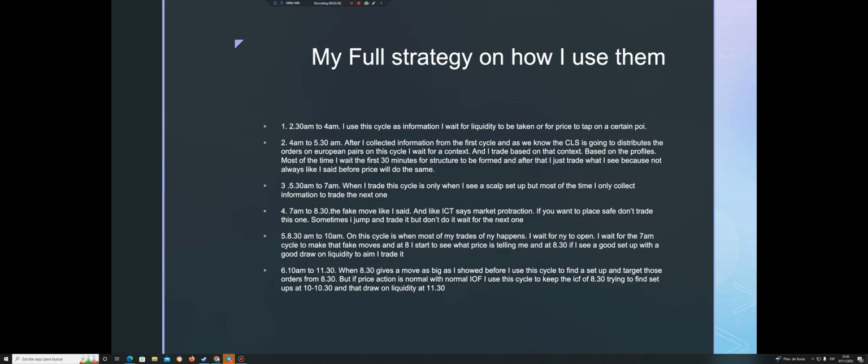So if you see a setup that you like, a setup that you use at 5:30, and you see a possible drawn liquidity, like a high or a low that you think is going to be taken, you can trade at that time. Don't risk much. Risk 0.25, 0.50, and you can trade like that.